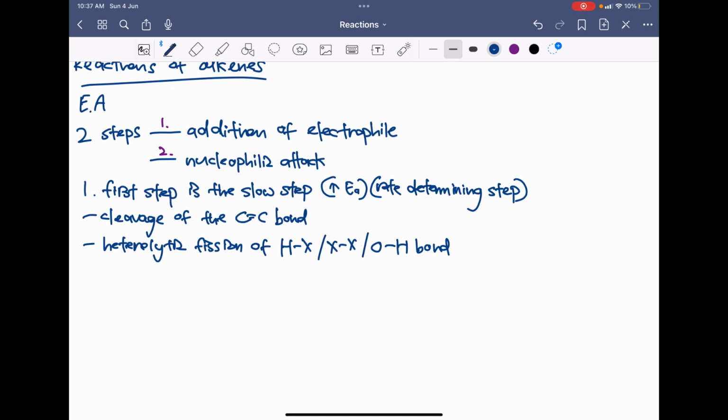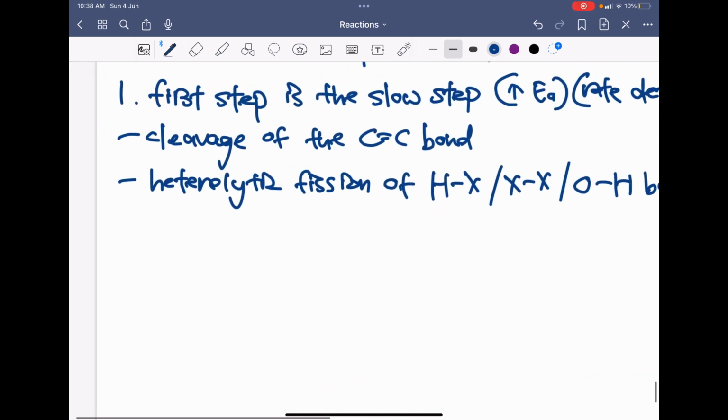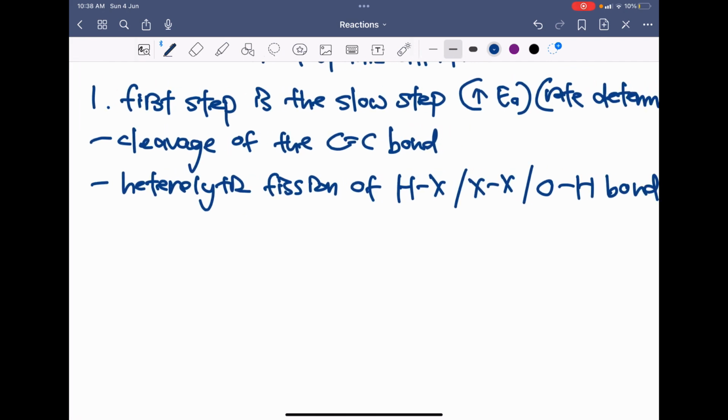Before we even focus on the mechanism itself, we've got to understand how you form the products. I know it's a bit different from how some people teach it, but this is just how I understand it. When you form the products, how do you know what on earth you are forming?